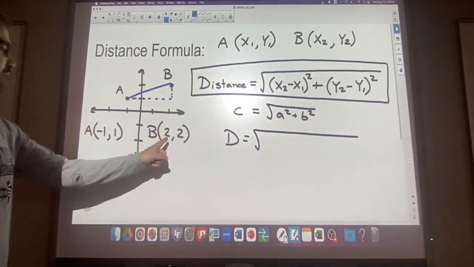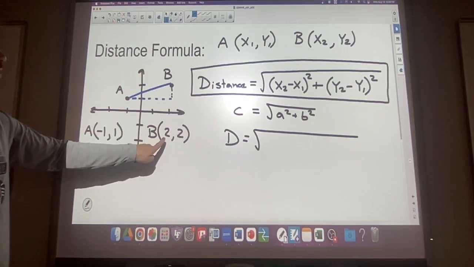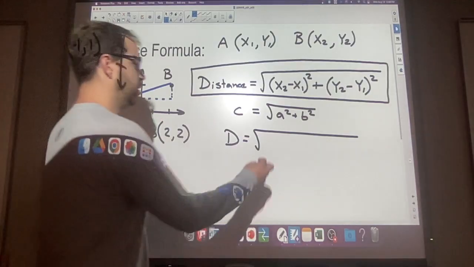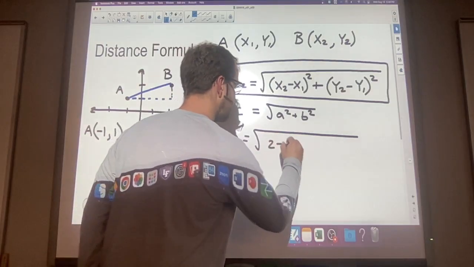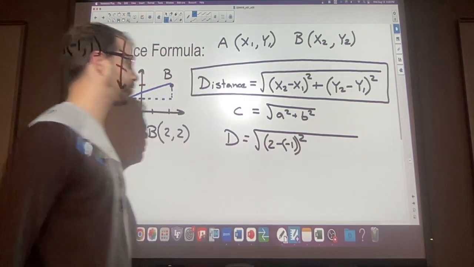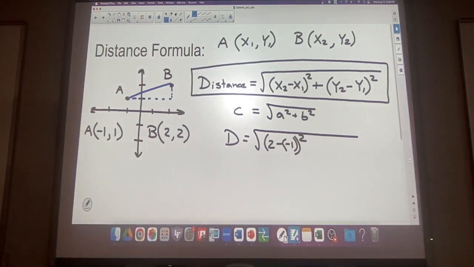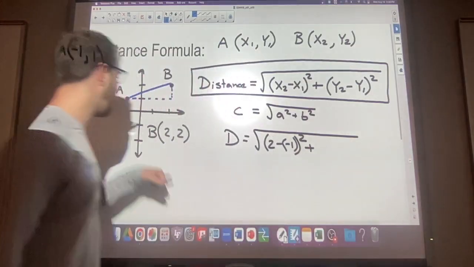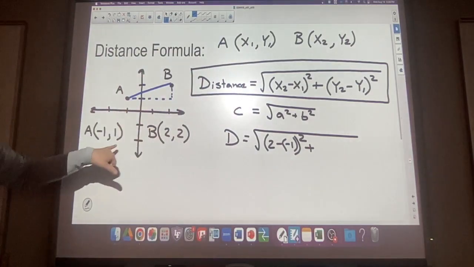I take my second x value minus my first x value, and I have to be careful because I have a negative here. So I do 2 minus -1, squared. Then y2 minus y1, so this would be 2 minus 1, squared.